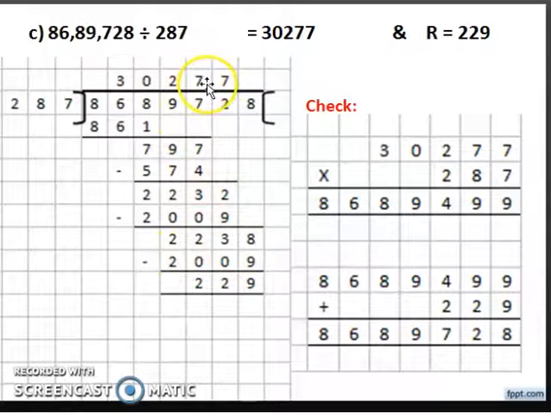So I will multiply it by 7 also in my rough column. And I will get an answer which is smaller than 2238, that is 2009. When I subtract, I have 229, which is smaller than my divisor. This is very important, that when we subtract, we should always see whether our subtraction part so obtained is smaller than the divisor or not.